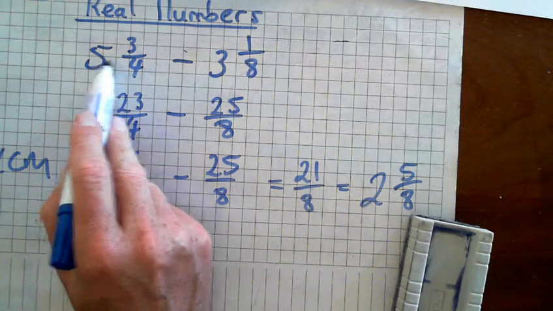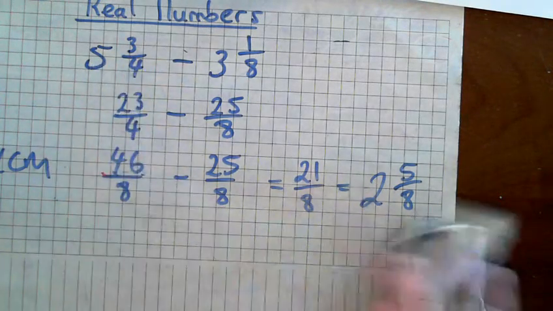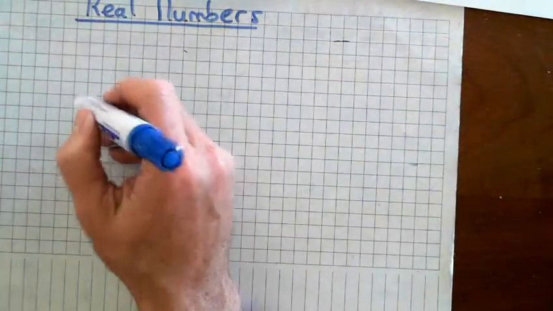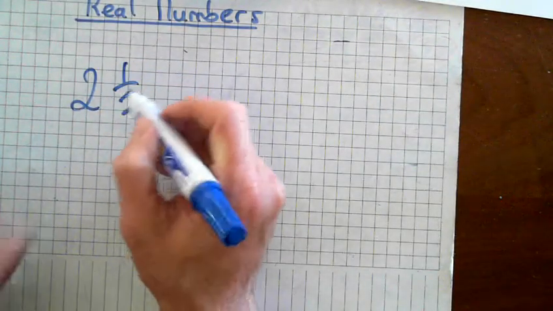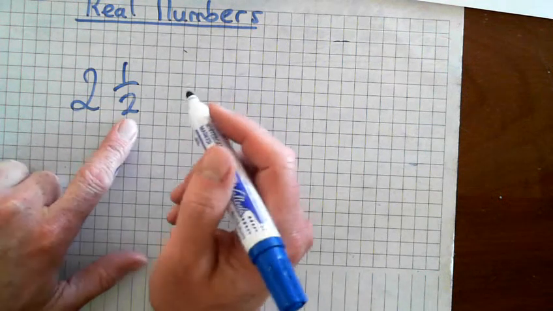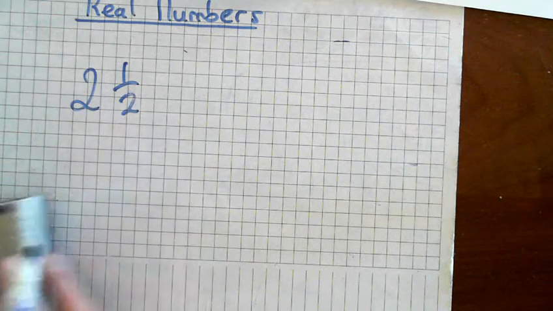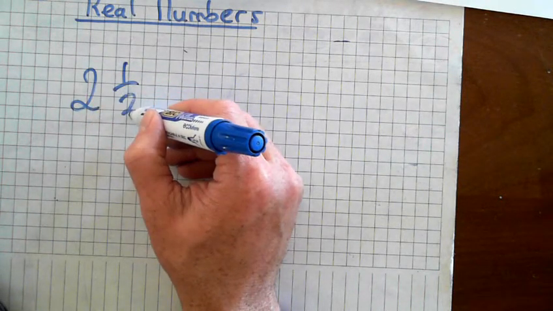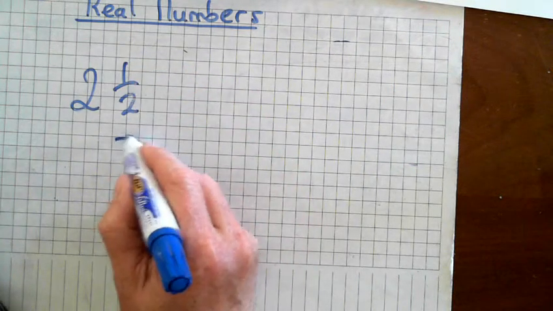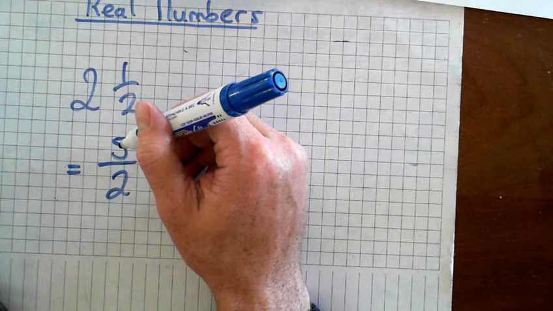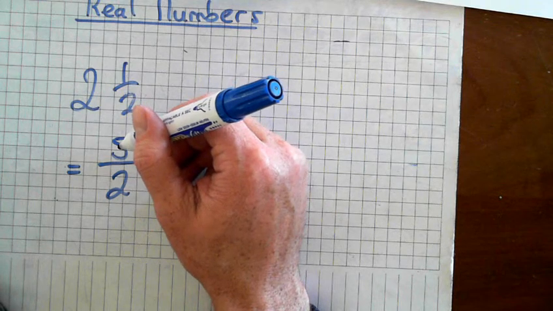This is called a mixed number. This is a mixed number because it's got a regular number, a natural number, and a fraction. When I change it, when I multiply 2 times 2 is 4 and 1 is 5, is that a proper fraction or improper?